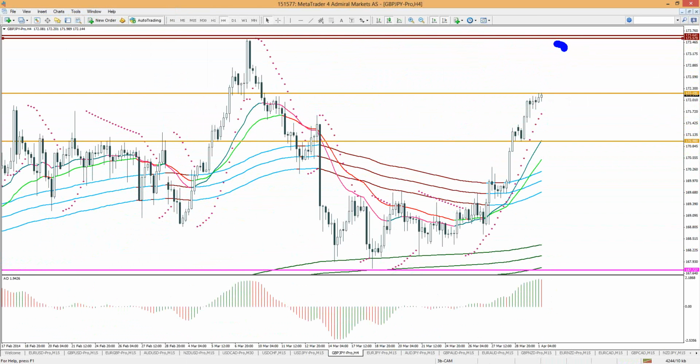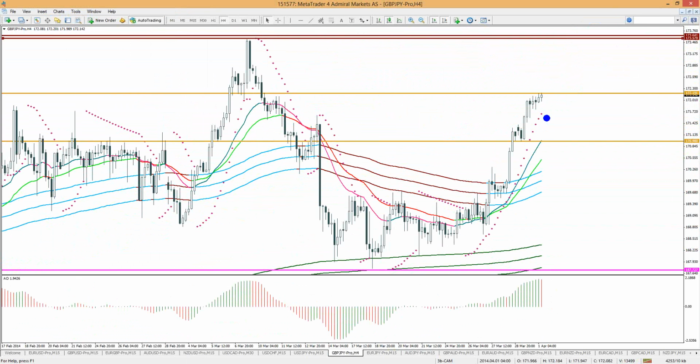Okay, so this space right in here is what we're looking for. The golden lines, once again, are the daily high and low, and we're pressing right at the daily high. So if we break that daily high and hook back to it, there could be a continuation trade up to the fractal right there.